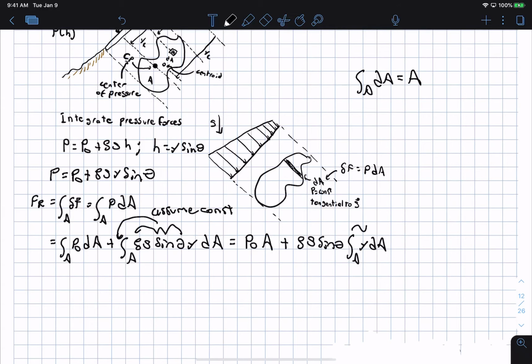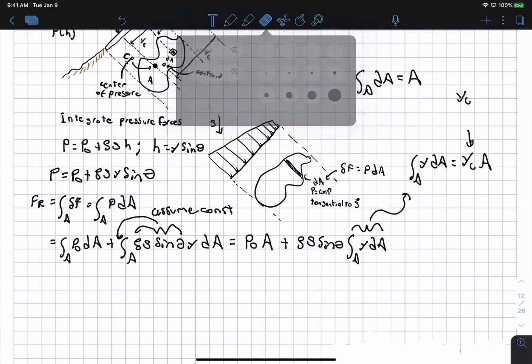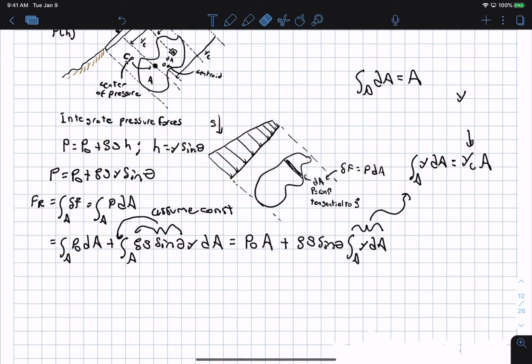But the integral of y dA equals the y value of the centroid times the area. This is something you guys used in statics. So this yc here is just the y position of the centroid of the hatch.